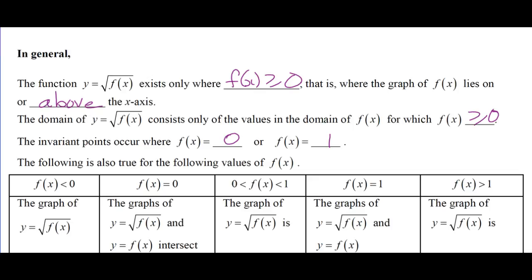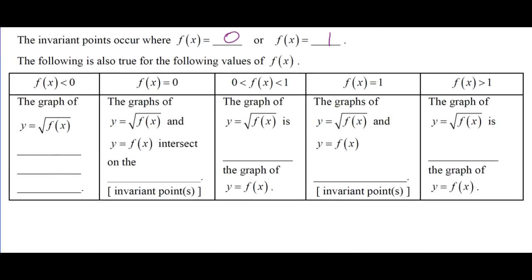The following is also true for the following values of f of x. If f of x is less than 0, the graph of y equals the square root of f of x does not exist, right? There is nothing. Does not exist, which in a future course will become DNE, because we use it a lot.